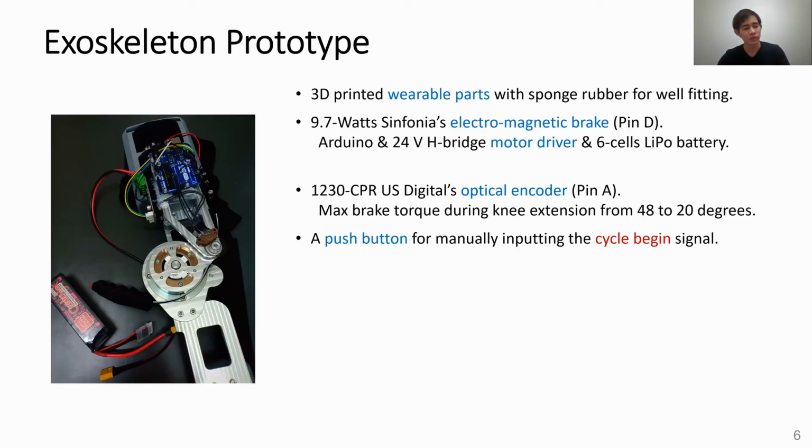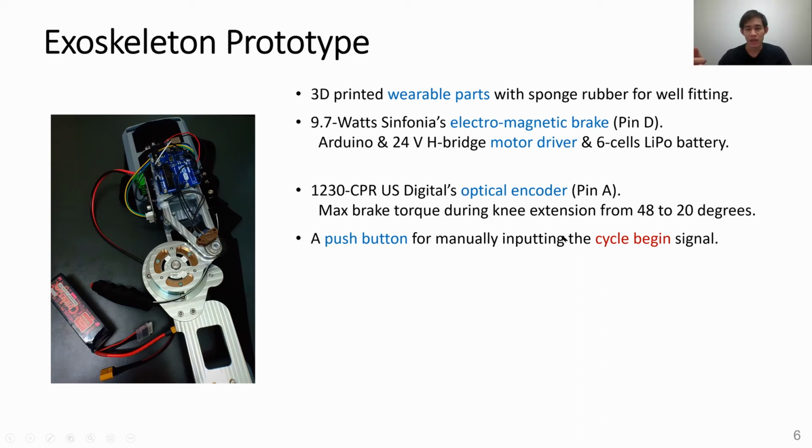We built the Exo prototype, made from 3D printed parts, and we use the electromagnetic brake and control it with Arduino and an 8-bit motor driver. We also have the encoder to measure the rotation of the pin and relate it to the knee angle, because in our application, we need the knee angle information because the brake torque will be provided within a range of the knee angle.